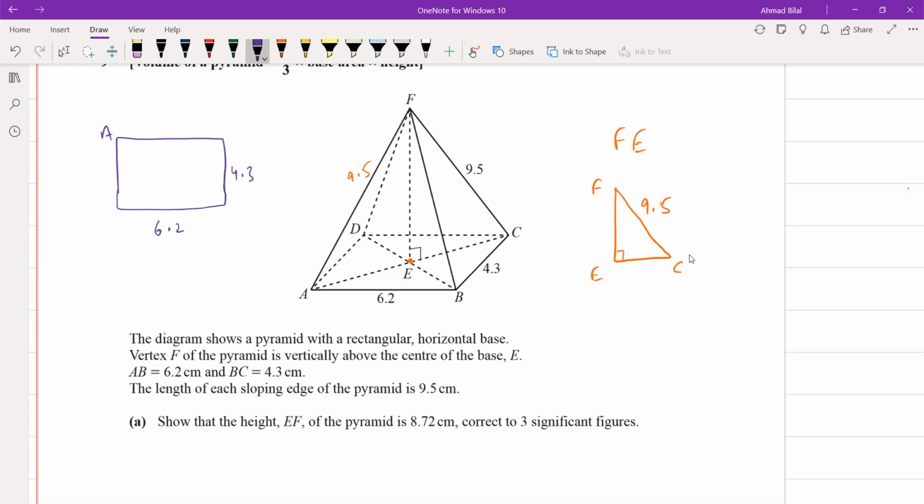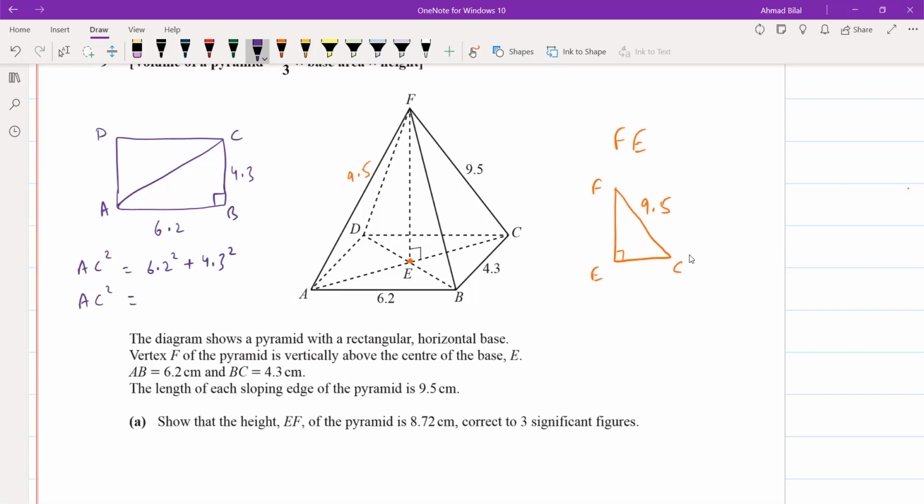So you have A, B, C. What you can do here is you can find AC. AC figure out कर सकते हैं आप. It's a right angle triangle. अगर आप rectangle को दो parts में divide कर दें, Pythagoras use कर सकते हैं. You can find AC. AC square is equal to 6.2 का square plus 4.3 का square. यहाँ से क्या आएगा? आपके पास AC आ जाएगा.